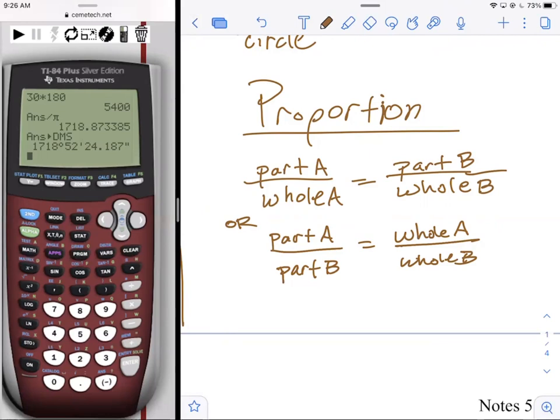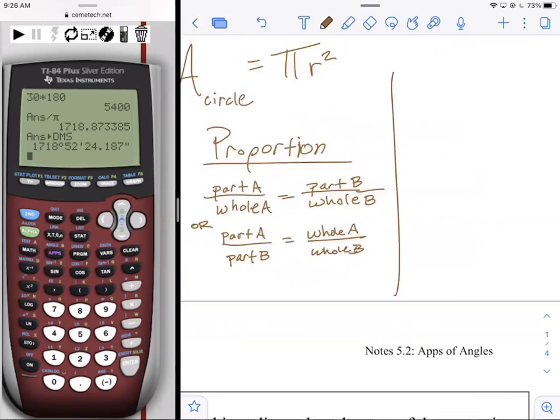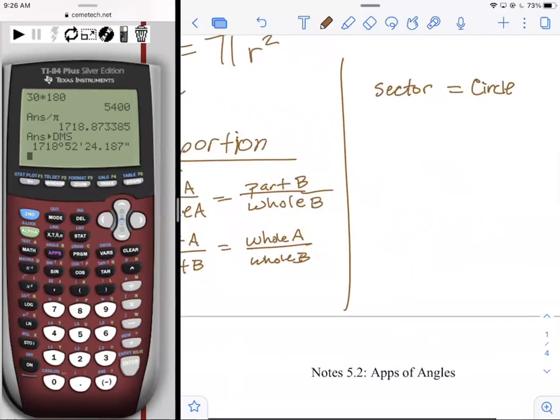Okay. So what can we do for our proportion? Let's do the part, so we'll do the sector to the entire circle. On the sector, I'm going to take a part of a full rotation, call it theta, and that's going to be associated with the area of the sector.